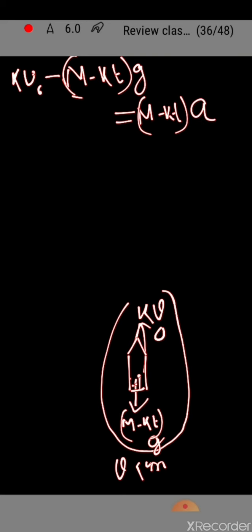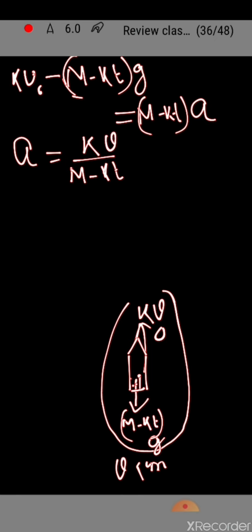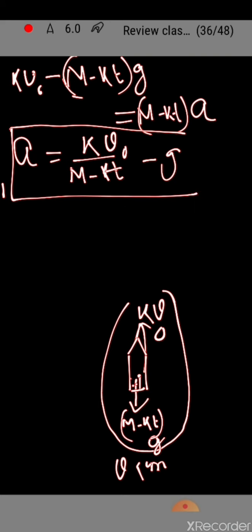So the acceleration is equal to k by m minus kt into v naught minus g. This is my acceleration as a function of time.